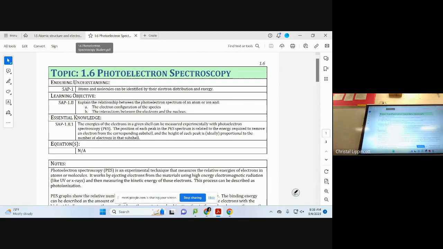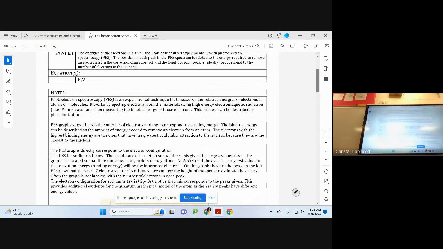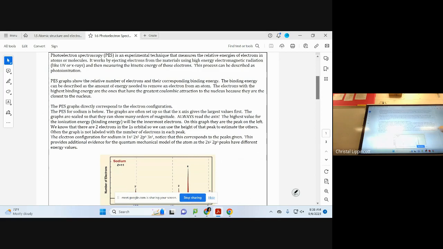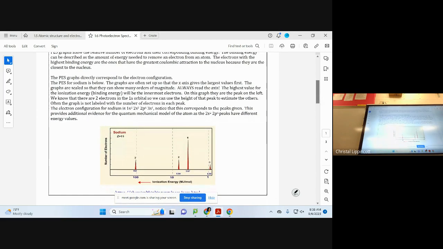Okay, so photoelectron spectroscopy. When we are looking at this, what they do is they shine in some radiation, typically UV or X-rays, and they can begin to pull electrons away. They're going to pull them away from the furthest thing out first.